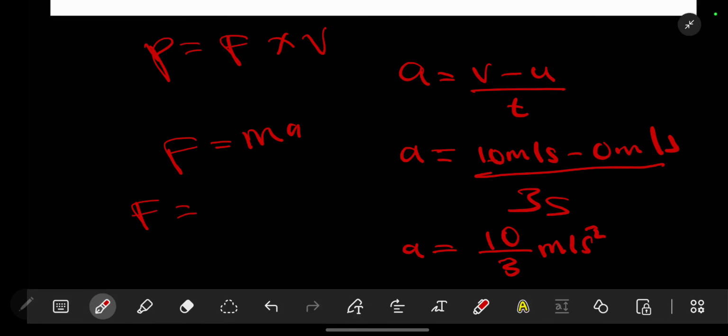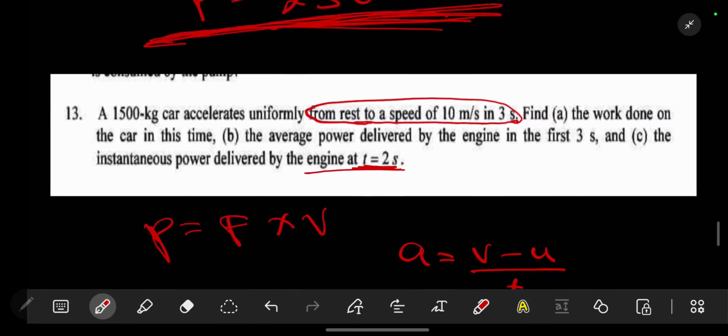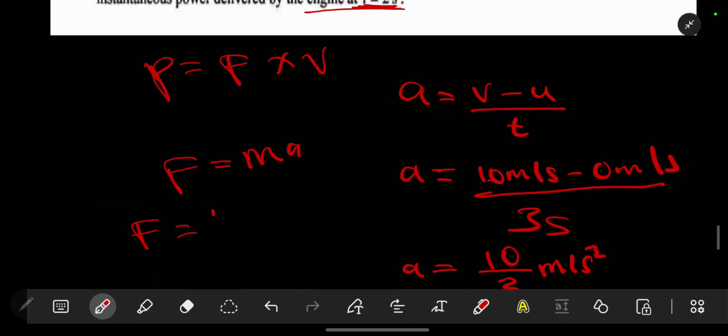So our force should be equal to our mass, which according to this is 1,500 kg, times our acceleration, which is 10 over 3 meters per second squared.